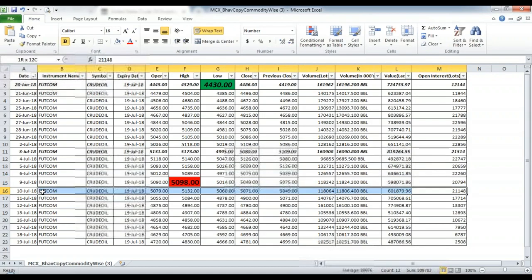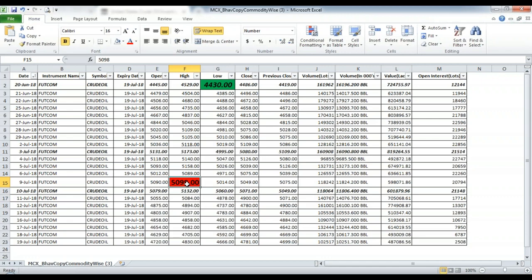And the artifact is established on this day, 10th of July. Okay. So let's start looking at it from this day. Now, if the price starts going above this level, it will start to fail.